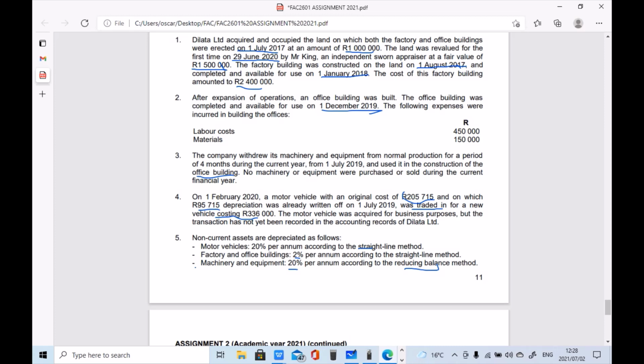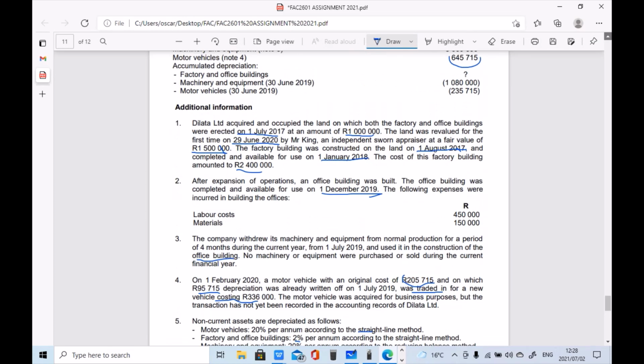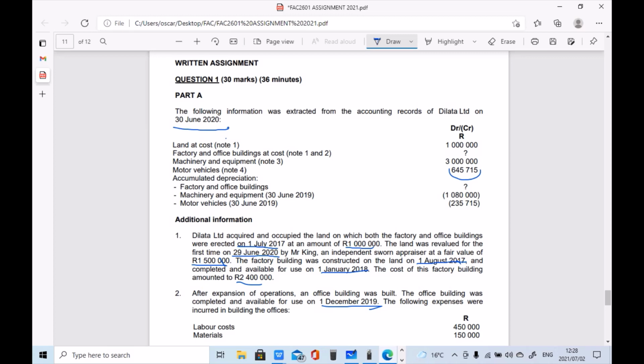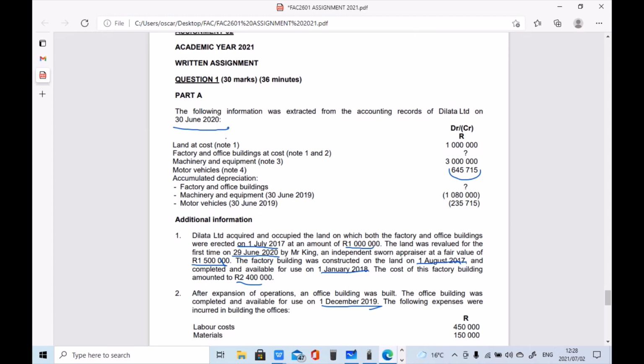The motor vehicles was acquired for business purposes, but the transaction has not yet been recorded in the accounting records of the retailer.